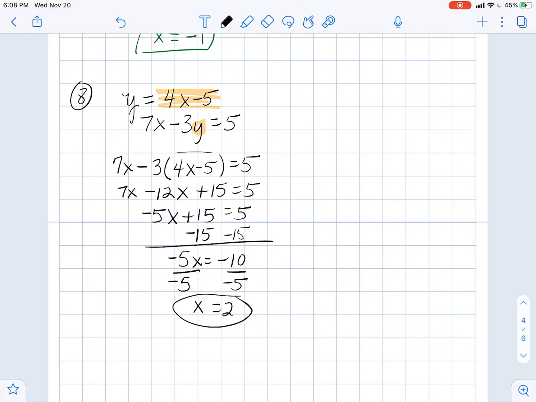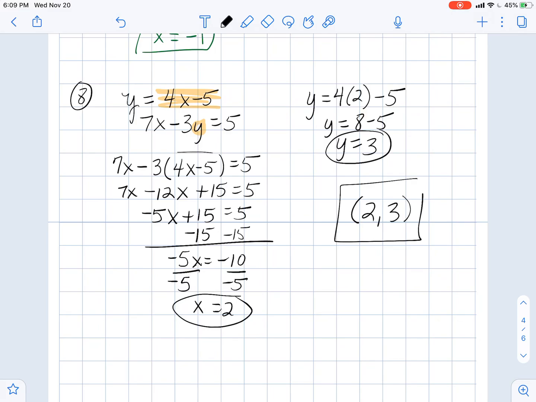And x equals 2. Again, I'm not done until I find my y, so I'm going to go up and put it into this equation because I think it's the easier. Okay. And then I am going to simplify. And there's my y. So my answer is 2, 3. And that is your final answer.